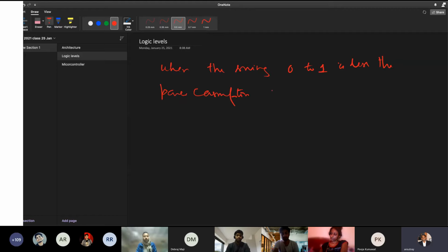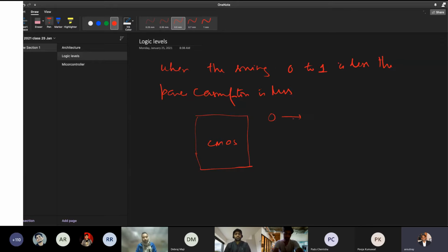Why? What is the meaning? Suppose I keep the logic circuit. There is a logic circuit. Basically, it is a lot of MOSFETs. Okay, CMOS or whatever, HMOS or whatever. So if I keep everything at zero state, off state, will there be any power consumption?